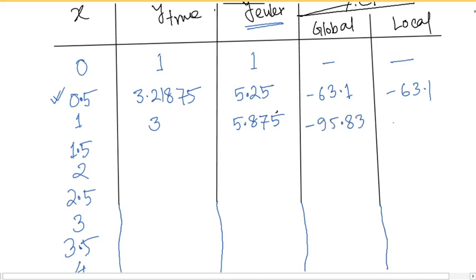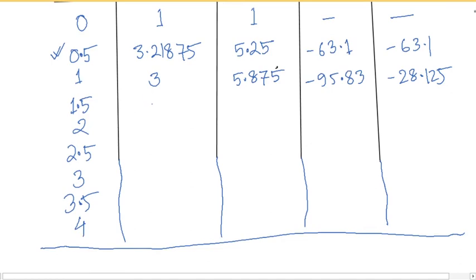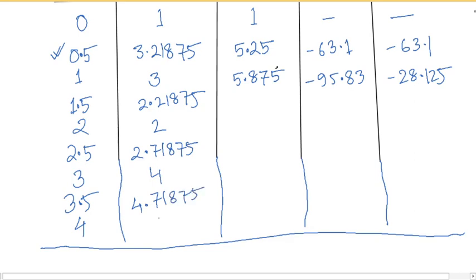95.83% global error and local error was 28.125. Now I am just writing down all the values. 2.21875 to 2.71875, it will be 4. 4.71875, it will be 3.